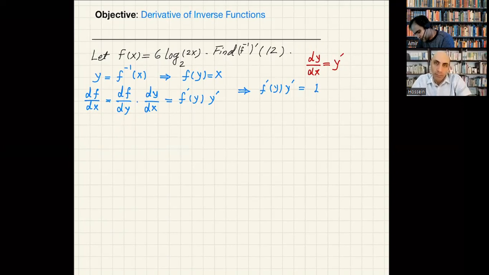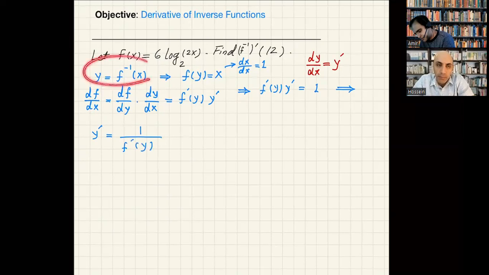That's correct. You know that dx over dx is 1. And from here, I get y prime is equal to 1 over f prime of y.